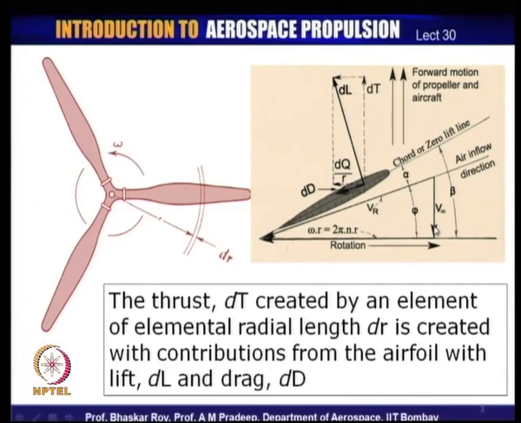And this propeller, along with the aircraft which it is flying, is moving with a forward velocity of the order of v infinity. So, we say that this is the velocity with which the air is coming and meeting the propeller. So, this is the relative forward velocity with which the air is meeting the propeller, and this is the rotational velocity of the propeller section.